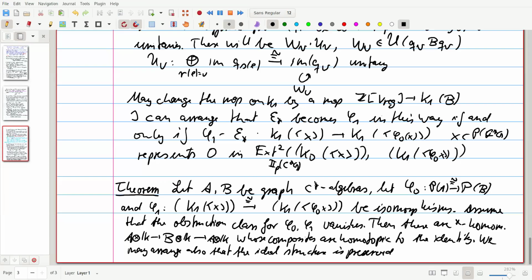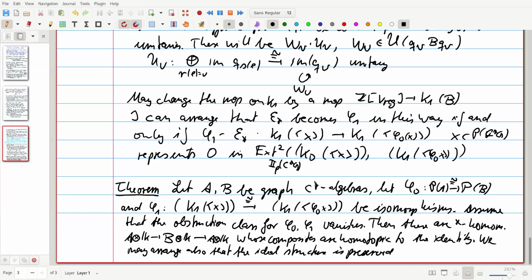That was kind of the last rather technical step to arrange for that to happen. Another important point is, of course, that you can realize these circle components by looking at the graph and how the graph has to look for these things to be there. And so if both graphs have these circle components, then you have the unitaries you need to fix these maps to also preserve those ideals.